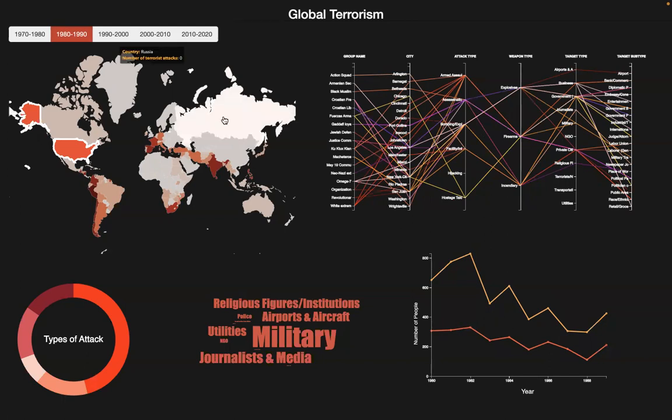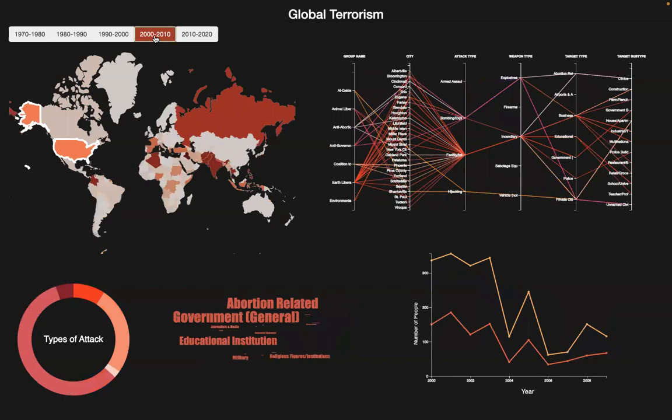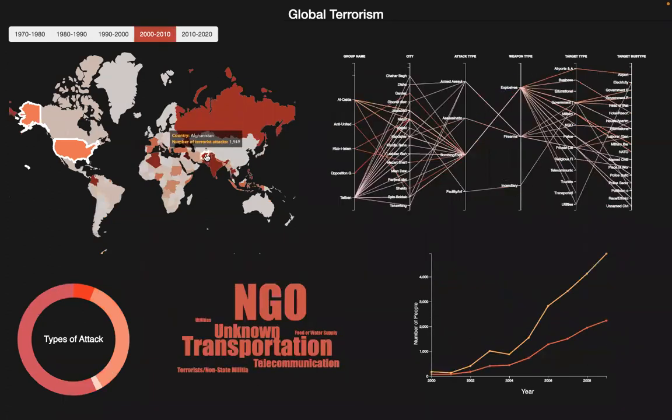For example, if we select a time period of 2000 to 2010 and a country, let's say Afghanistan, we can see that the number of total people impacted was very low at the start of the decade in 2000, but it changed drastically over the decade.